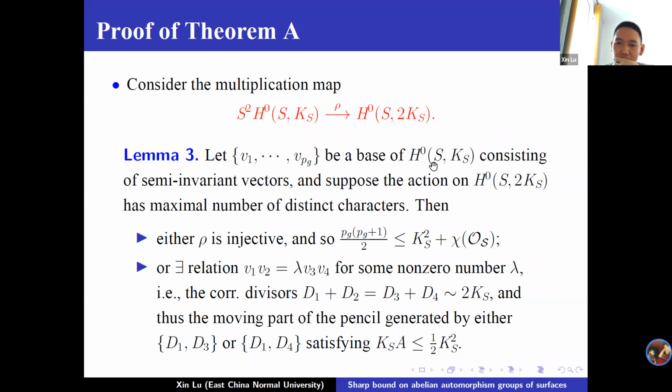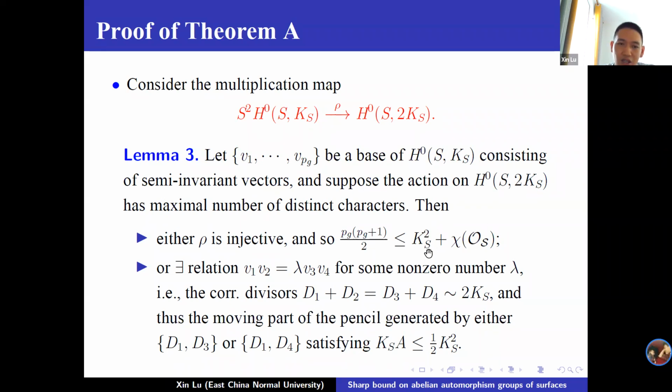Suppose a basis of H^0(Ks) consists of semi-invariant vectors, and suppose that the induced action on this space has the maximum number of distinct characters. By our lemma 2, we can make such an assumption.